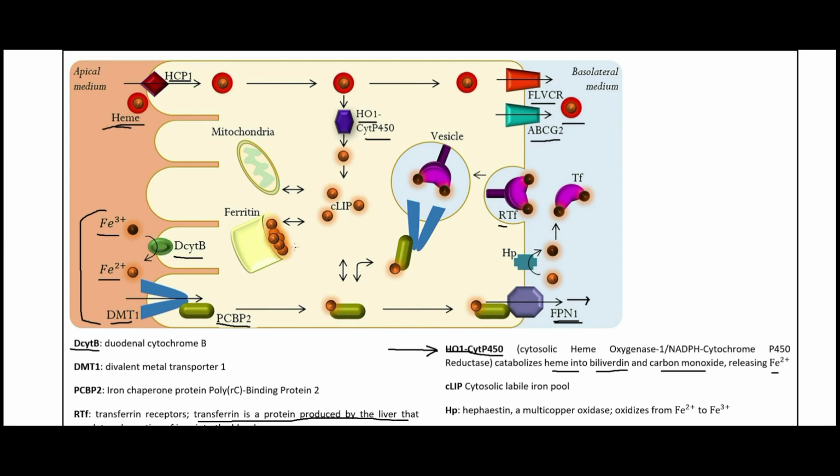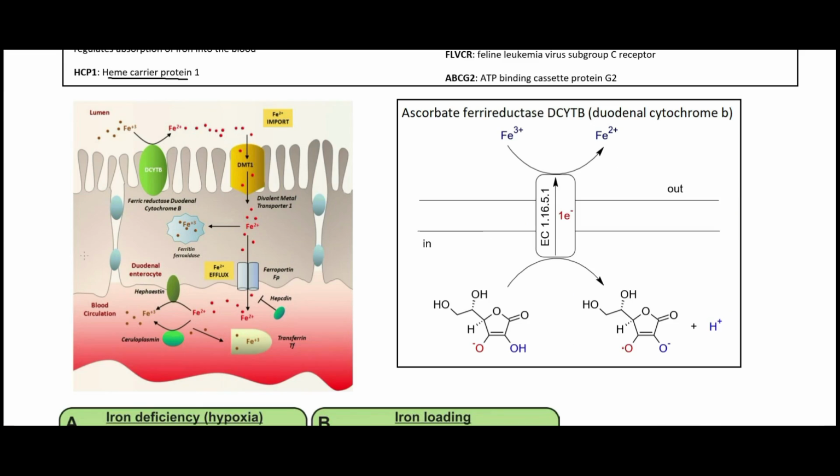The other thing to notice here is this ferritin right here, which is a protein that stores iron, and we'll look at the structure of that in a little bit. All right, this is a more simplified version of the non-heme pathway.